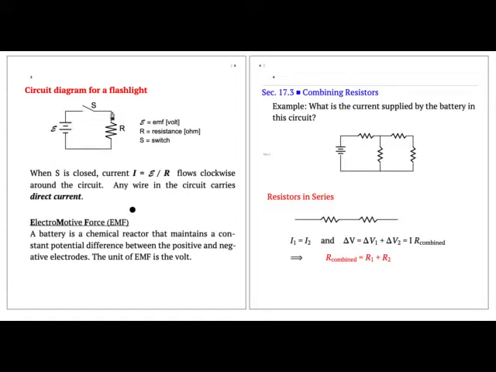Here, the current is the EMF of the battery divided by the resistance of the circuit, which is to say the resistance of the filament. What's the current here? Well, actually, there are 2 different currents.